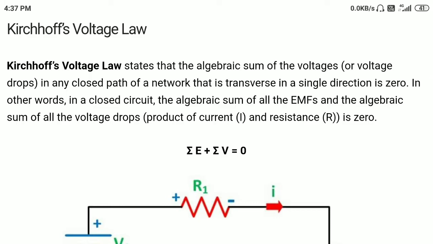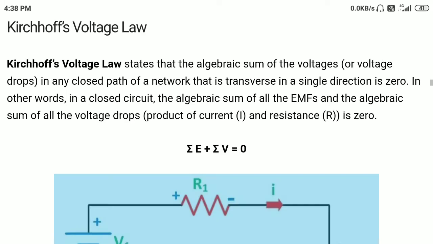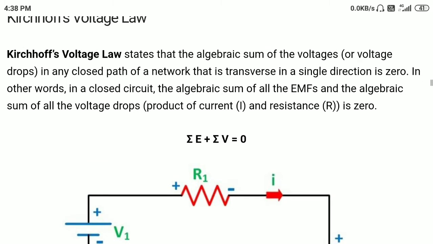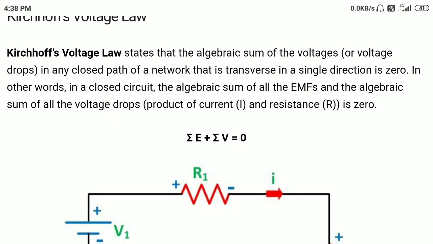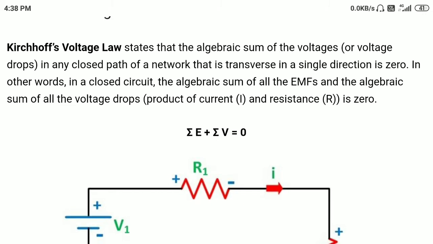Now go for Kirchhoff's voltage law. Kirchhoff's voltage law, KVL, states that the algebraic sum of the voltages or voltage drops in any closed path of a network that is traversed in a single direction is 0.